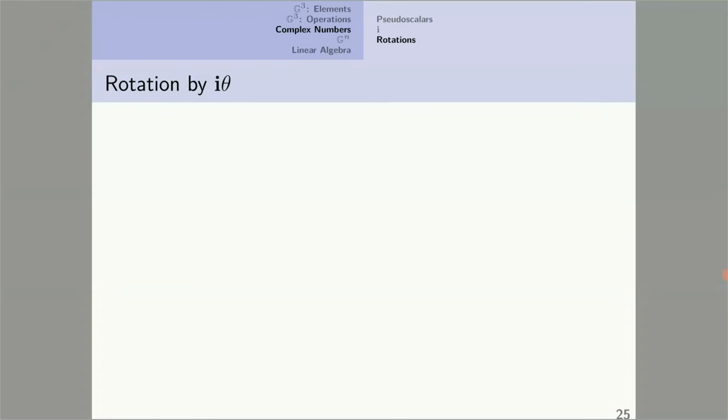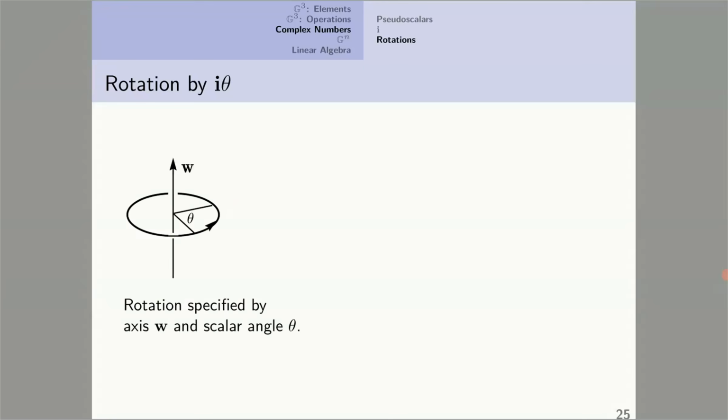This subsection is entitled Rotations, an application in which geometric algebra shines. First, we need to define a rotation by a bivector angle I theta. Here is the usual way to specify a rotation, using a rotation axis w, the axis of the rotation, and the scalar angle theta, the amount of the rotation.